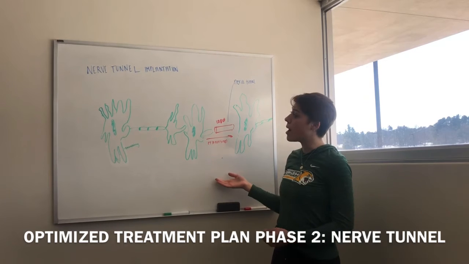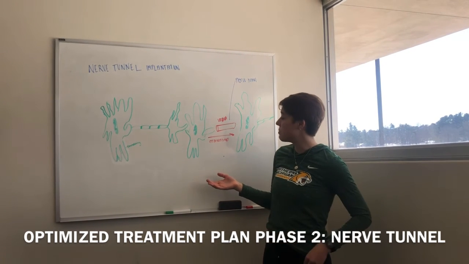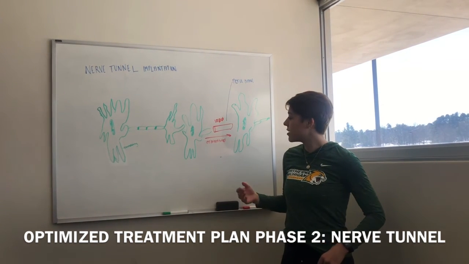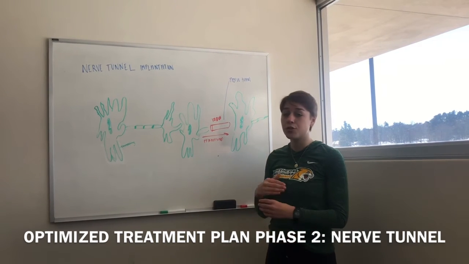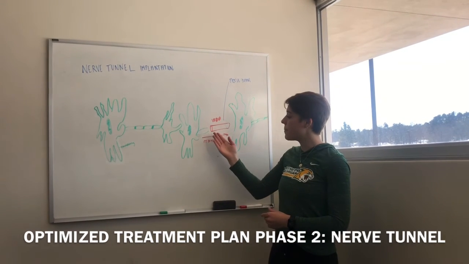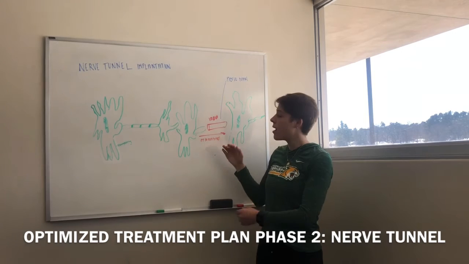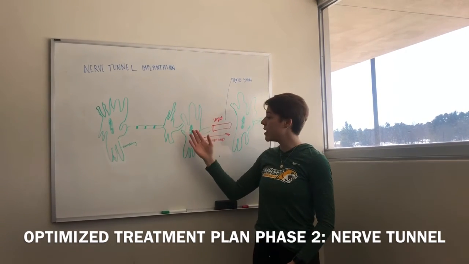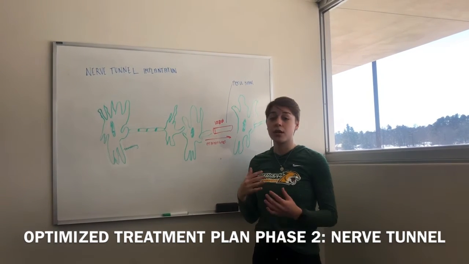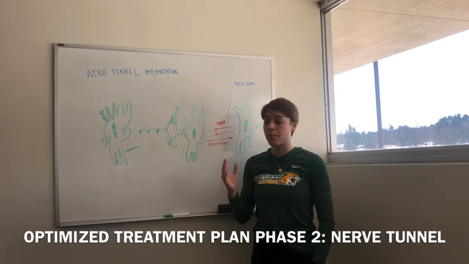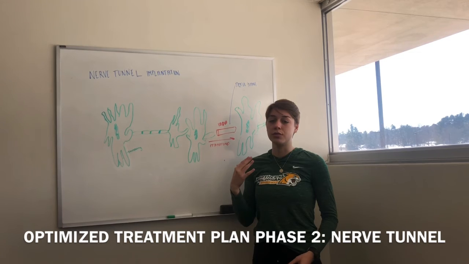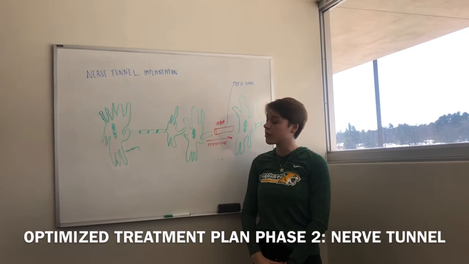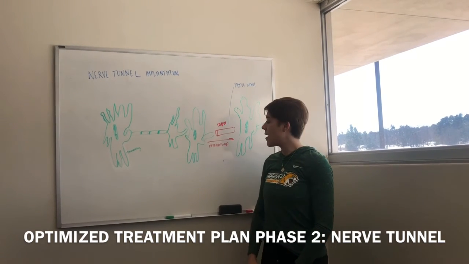So looking here, we have the model of the nerve tunnel implantation. Essentially, a plastic tube is put between the gap in the nerve cells. Putting this tube in allows signals to be sent between the different nerve cells, which is unable to happen prior to this implantation due to the deterioration of the nerve cells due to RAD.